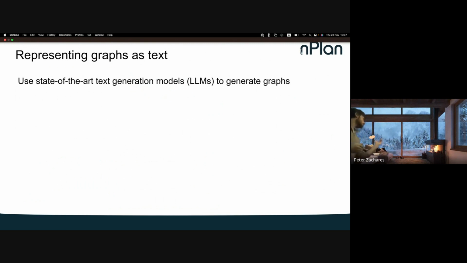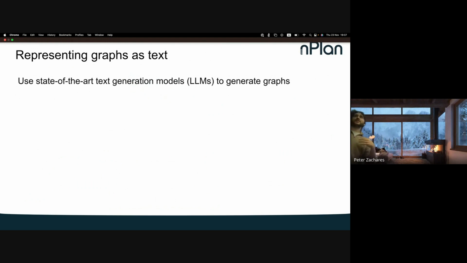And two, we could use state-of-the-art text generation models to generate graphs. Because if you look into the graph generation literature, one of the limitations, at least that I noticed when I was doing a literature review, which may have changed now, was that there's not a lot of literature on generating really large graphs. But there is a lot on generating really large sequences.